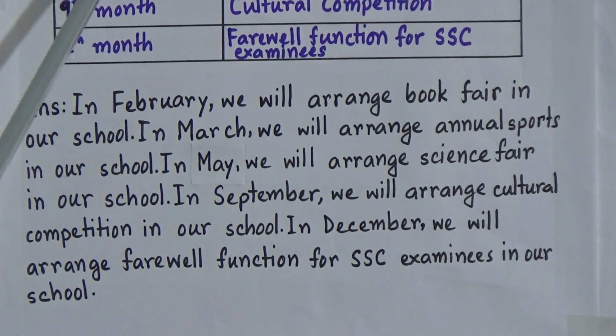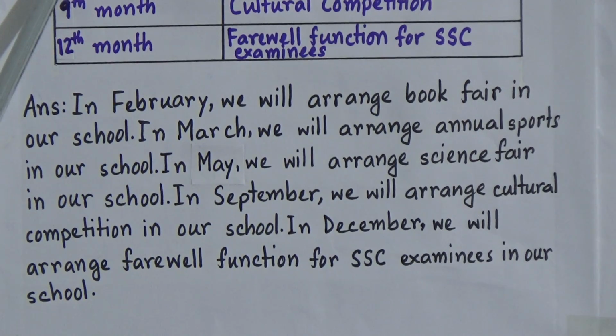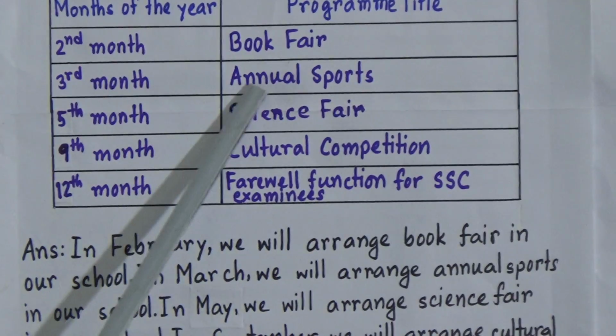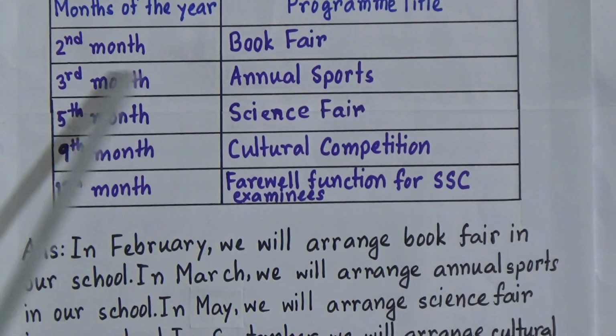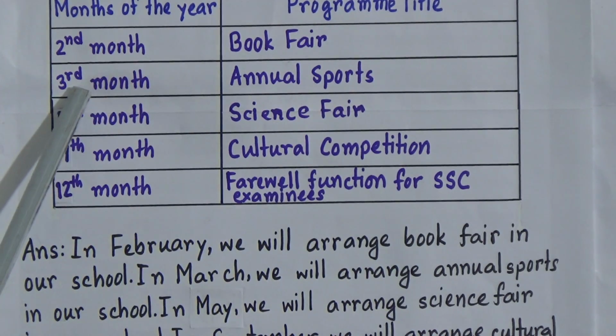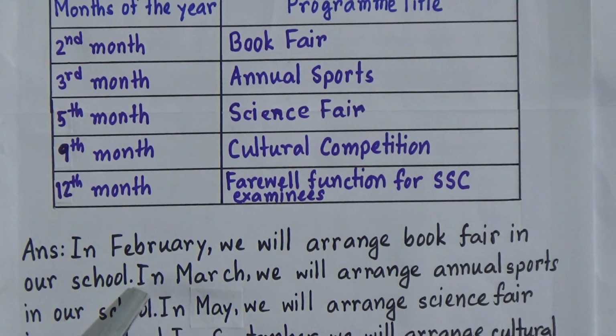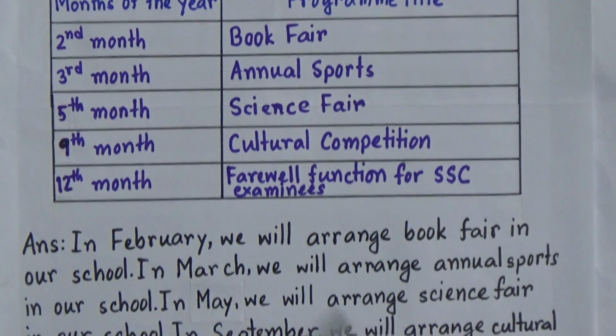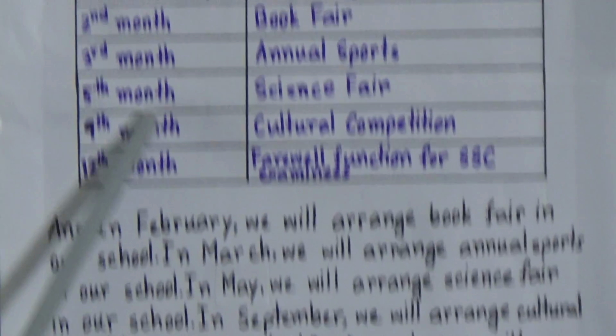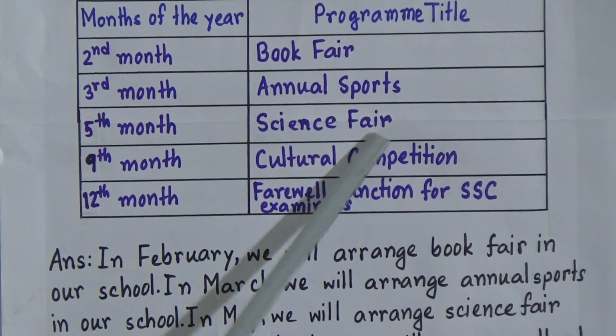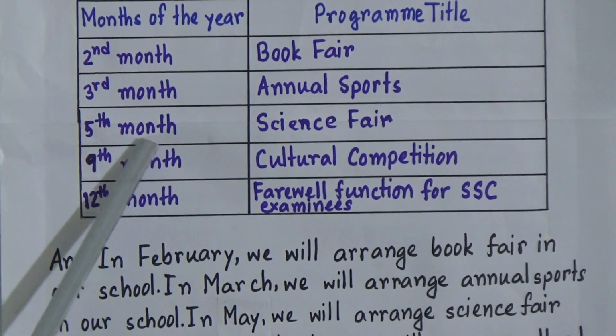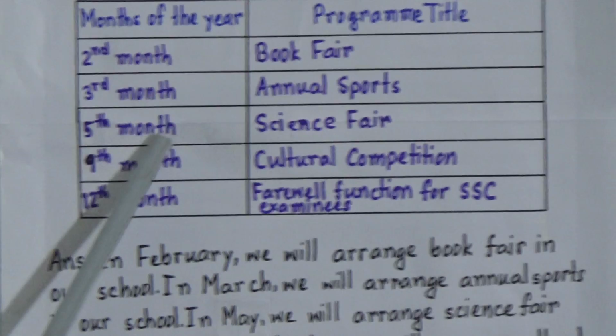Now the next row, third month there will be annual sports. We all know that the third month of the year is March. So our second sentence, in March we will arrange annual sports in our school. Now in the 5th month there will be science fair, and what is the name of the 5th month? Yes, May.